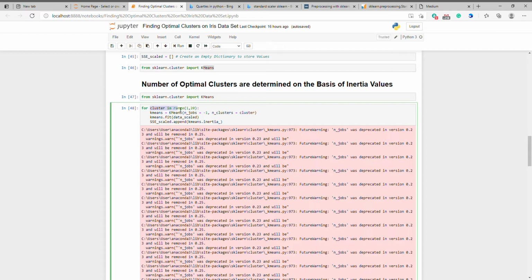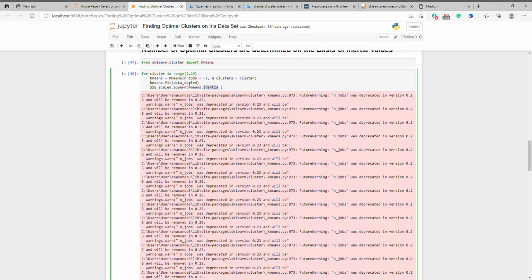For cluster in range 1 to 20, I have to run this loop from 1, 2, 3 up to 20, and in that range I have to find the least inertia value, and select the number of clusters that gives me the lower value of inertia. So that will give us the optimal number of clusters to represent visually.